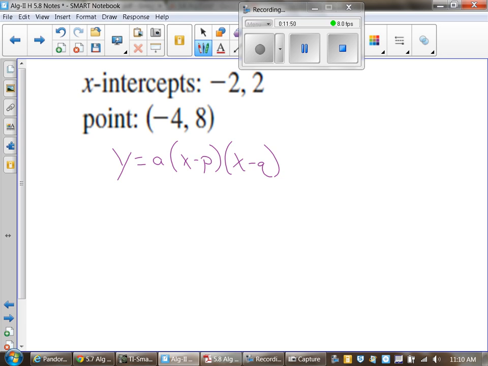If your x-intercepts, or better yet, if your zeros are at negative 2 and 2, where's your axis of symmetry?